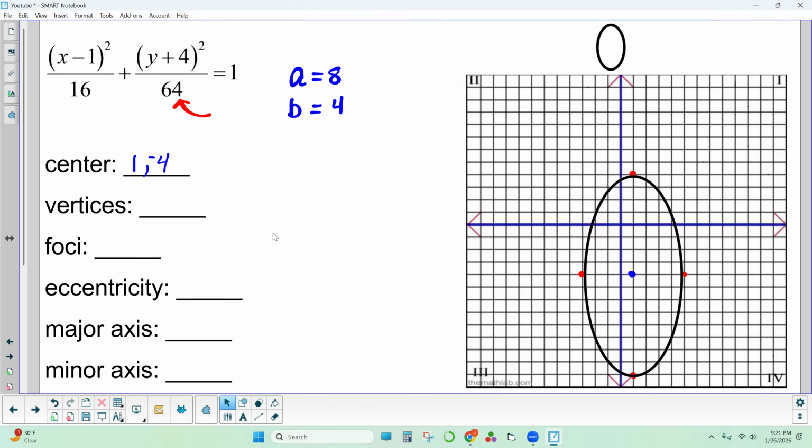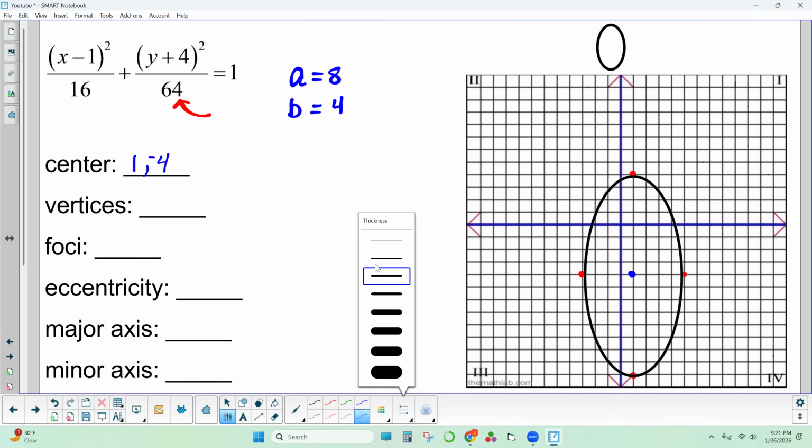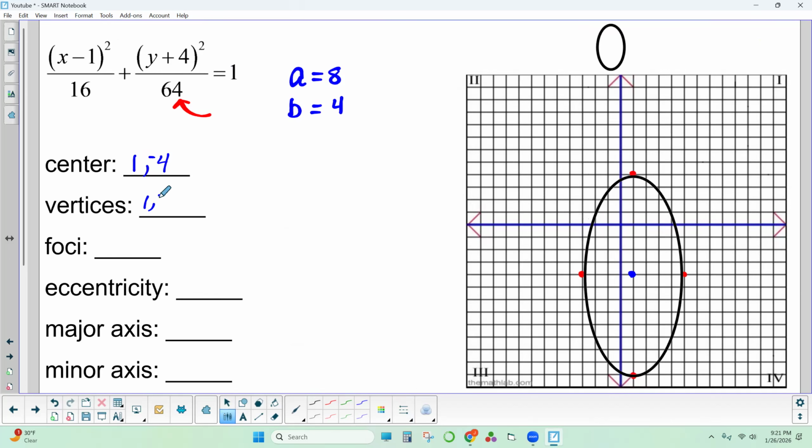Now, if you're asked to label the vertices, go ahead and do that. So our major vertices, that's the longer axis, are at (1, 4) and (1, -12).